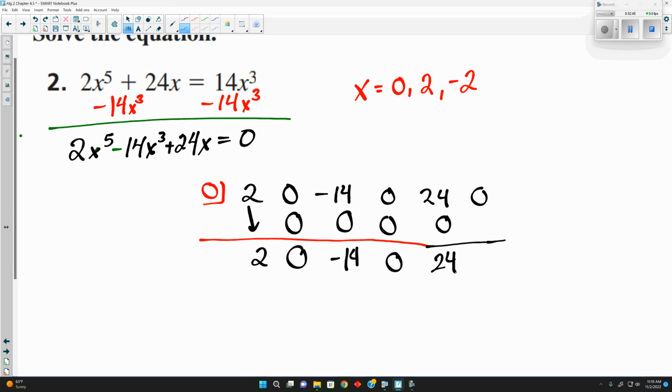And then we do 0 times 24, which is 0, and 0 plus 0 is 0. Since we have a remainder of 0, it is a solution. Well, we already knew that.